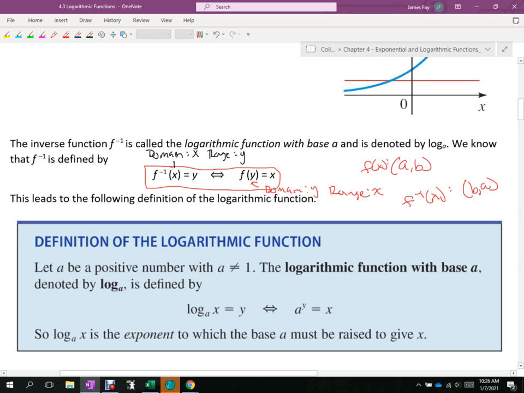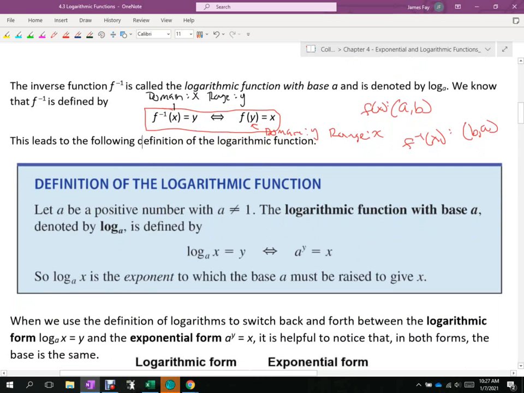If f of x has domain A and range B, then f inverse has domain B and range A. We flip them. The definition of a logarithm says let a be a positive number with a not equal to 1. A cannot be 1 with an exponential, so its inverse cannot have a equal 1 either.